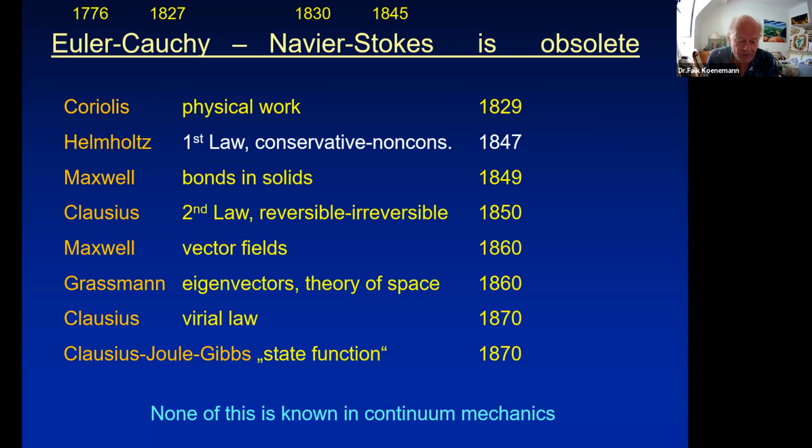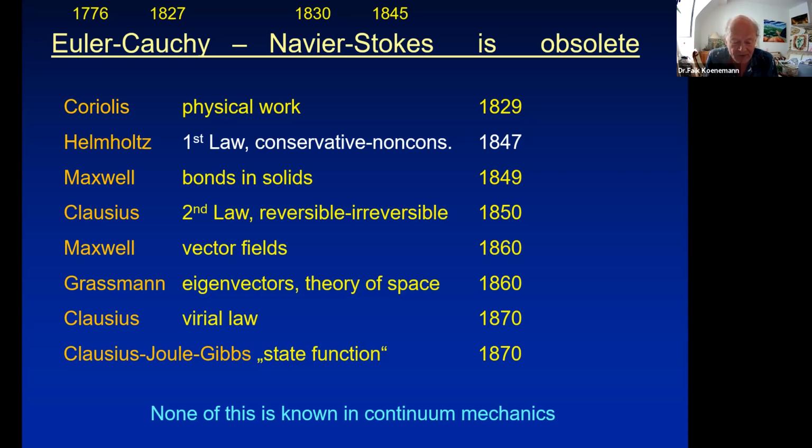We have to see this in the perspective of the history of physics. The concepts used in deformation theory are among the oldest in physics altogether. Euler wrote in 1776 and Cauchy in 1827. But this is not modern physics. See what these workers did not know yet. They did not know about physical work yet.